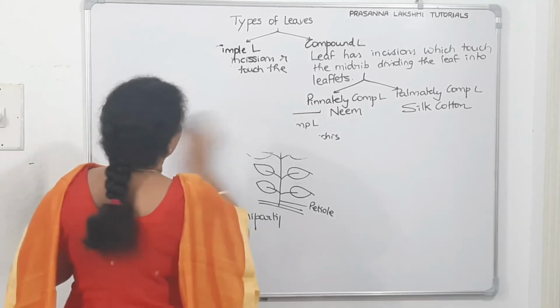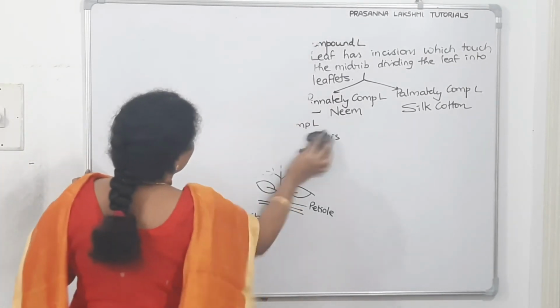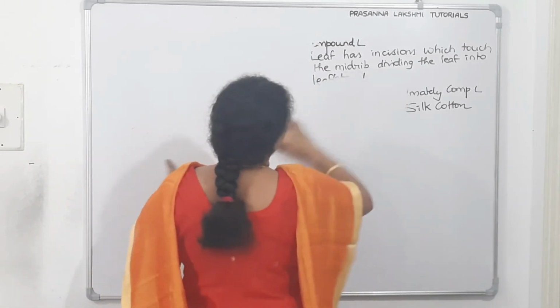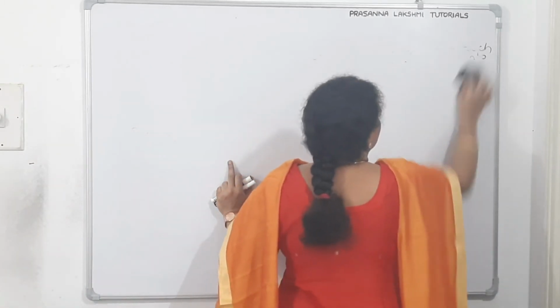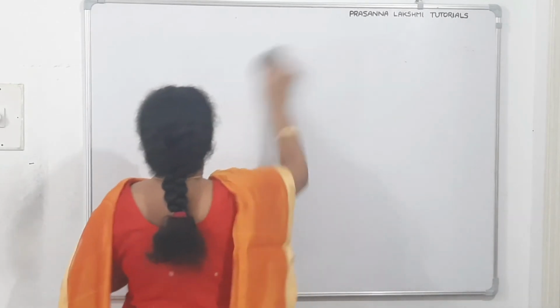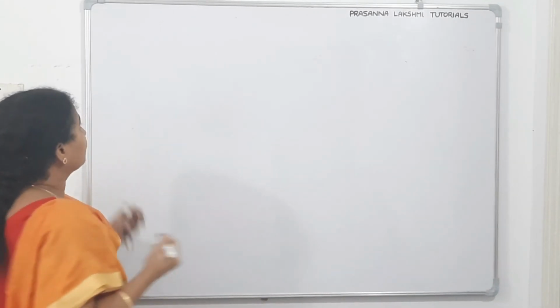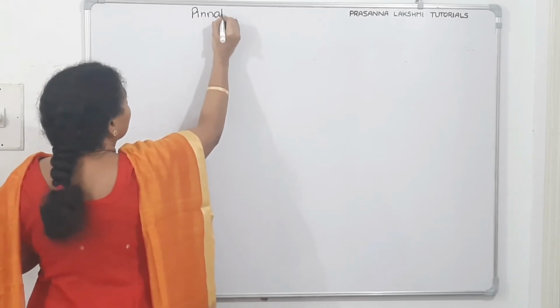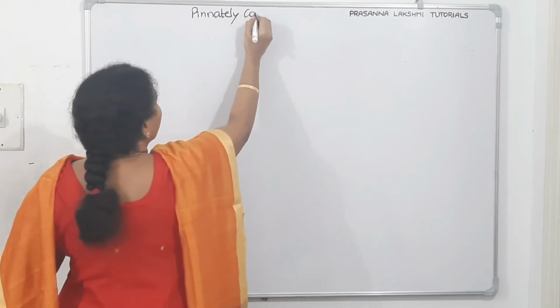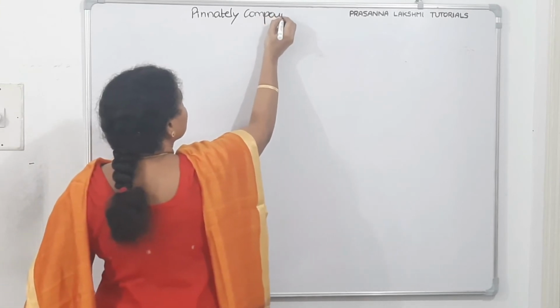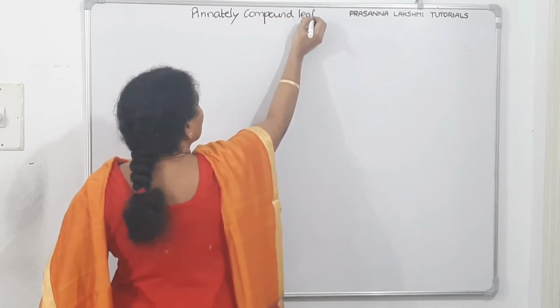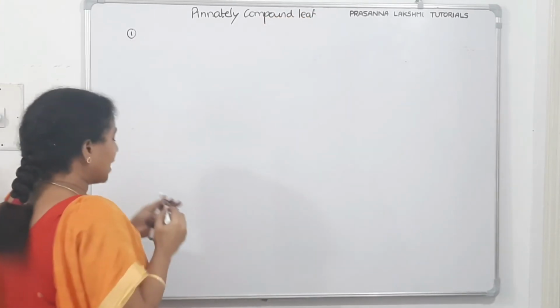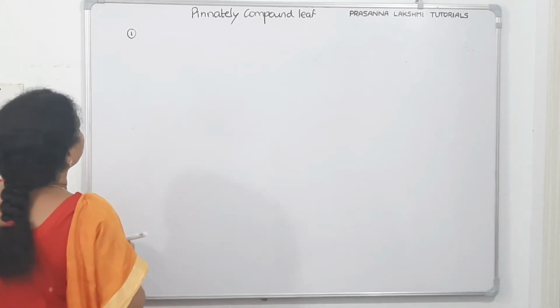Let's go. So, we need some space to draw the leaves to understand it better. So, we are with compound leaf, we are talking about pinnately compound leaf. So, under pinnately compound leaf, we are with the first type. What is that called? Unipinnate.